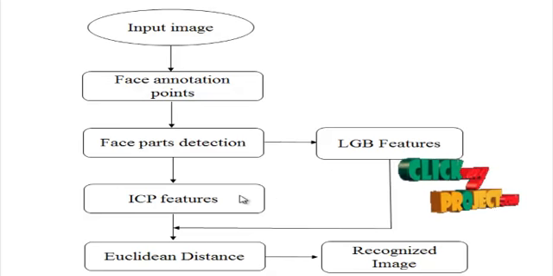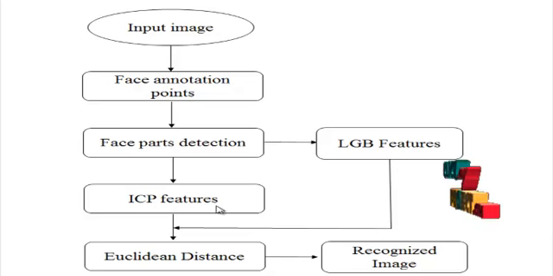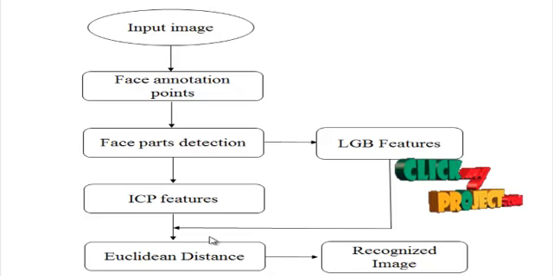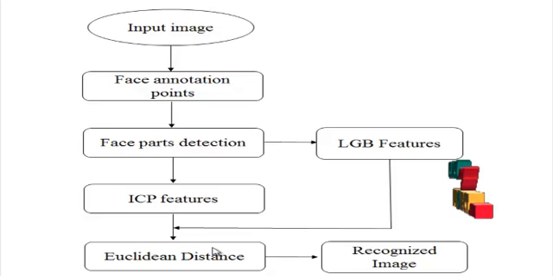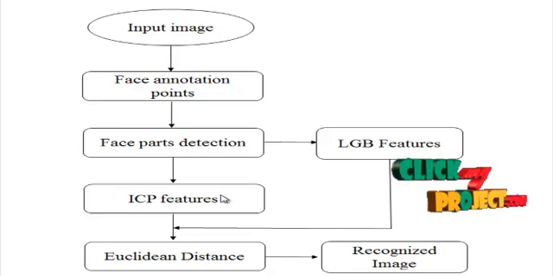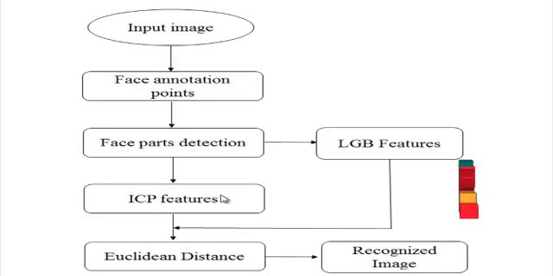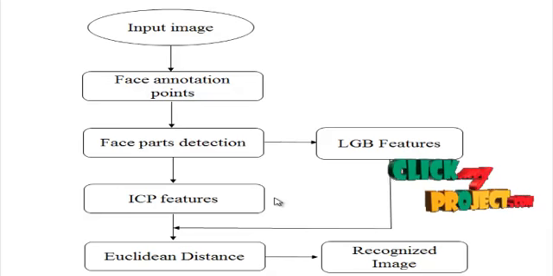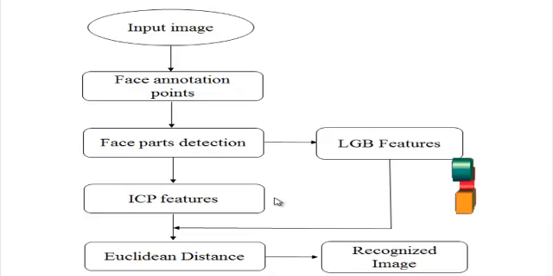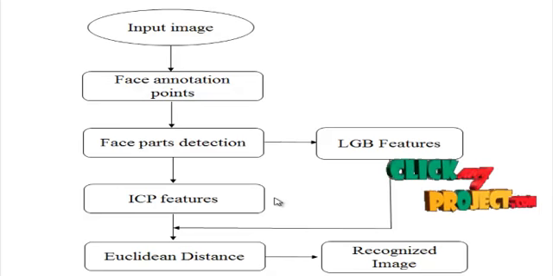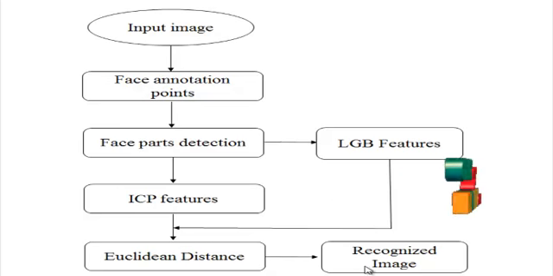After combining these two features, the process is repeated for all the images in the datasets, and the distance between them is measured in terms of the equivalent distance. The test image features and the features of all the images in the datasets are subtracted and the distance is measured. The image with the minimum distance from the input image is obtained as the recognized image.